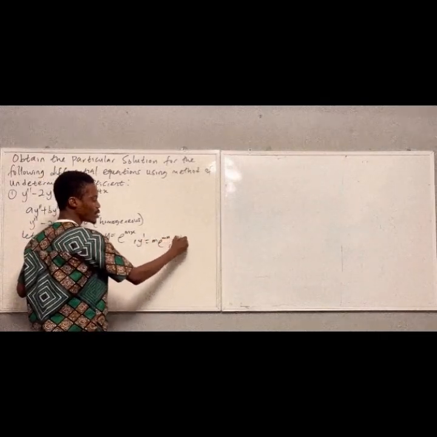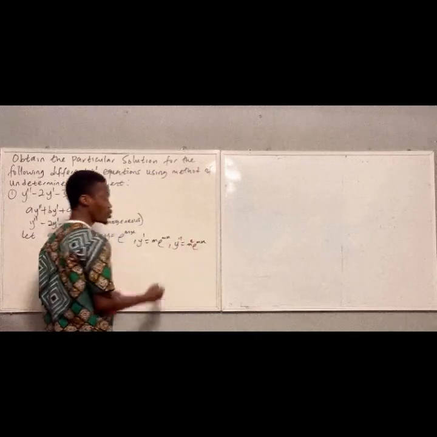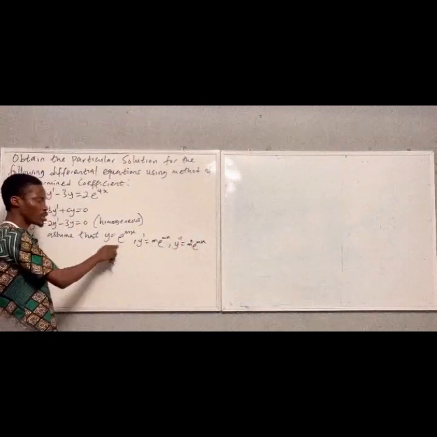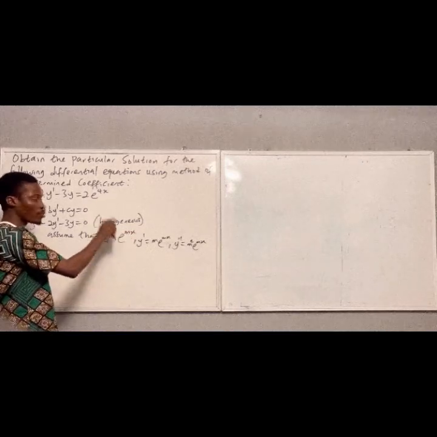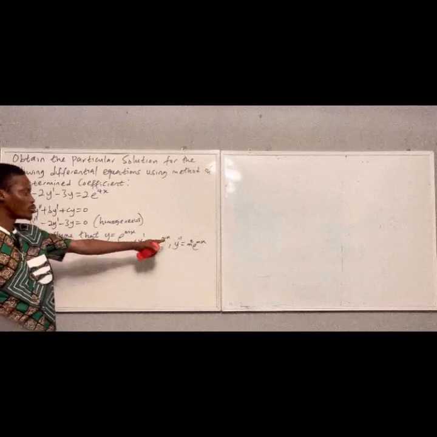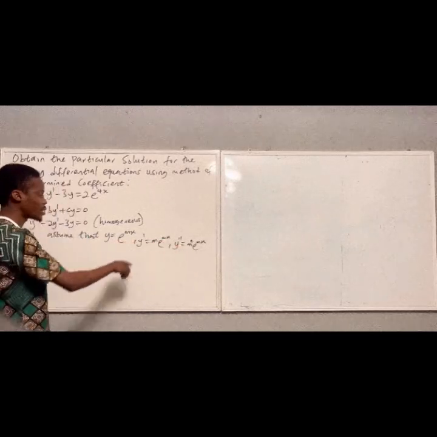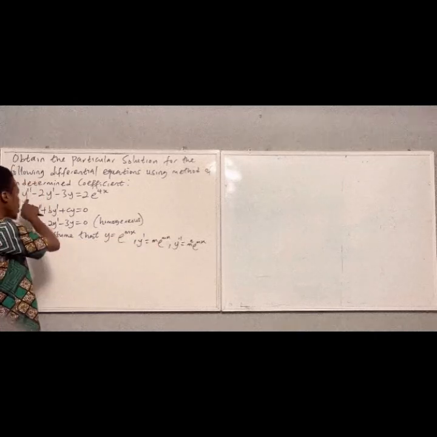Then if I differentiate this again, I'm going to have m squared exponential mx. You know how we got this? When we're dealing with exponential, we differentiate the power with respect to x and get m, then multiply everything. So whenever I see y double prime, I'm going to put this. Whenever I see y prime, I'm going to put this. Whenever I see y, equal to exponential mx, I'm going to put it in this equation.